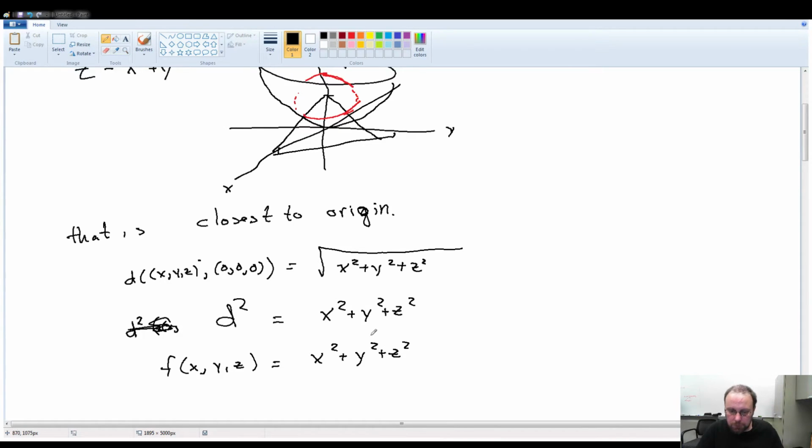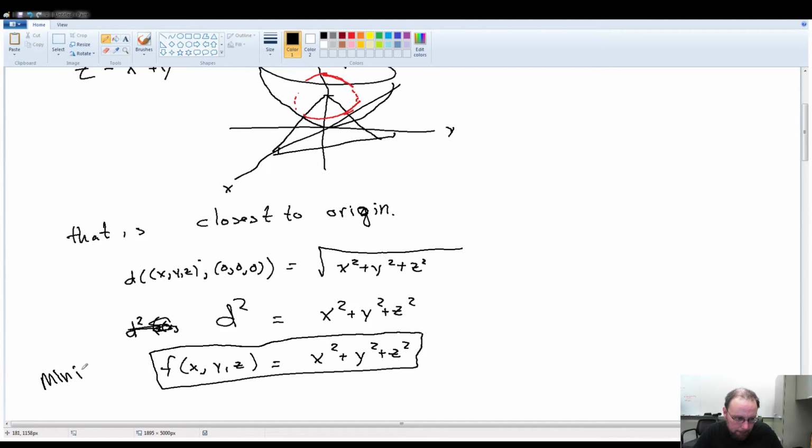Okay. In fact, we want to find something that's closest to the origin, so we want to minimize this distance squared. And what are our two constraints?